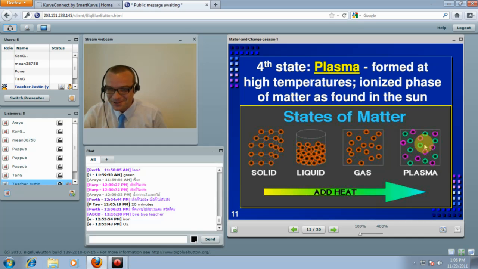I'm sure we're not going to do much more on that today. We do actually have examples of plasma on the Earth. We use it in neon lights, for example, the lights you'll see above shop windows. Neon, that's actually a plasma. But yeah, there are not many examples on the Earth.